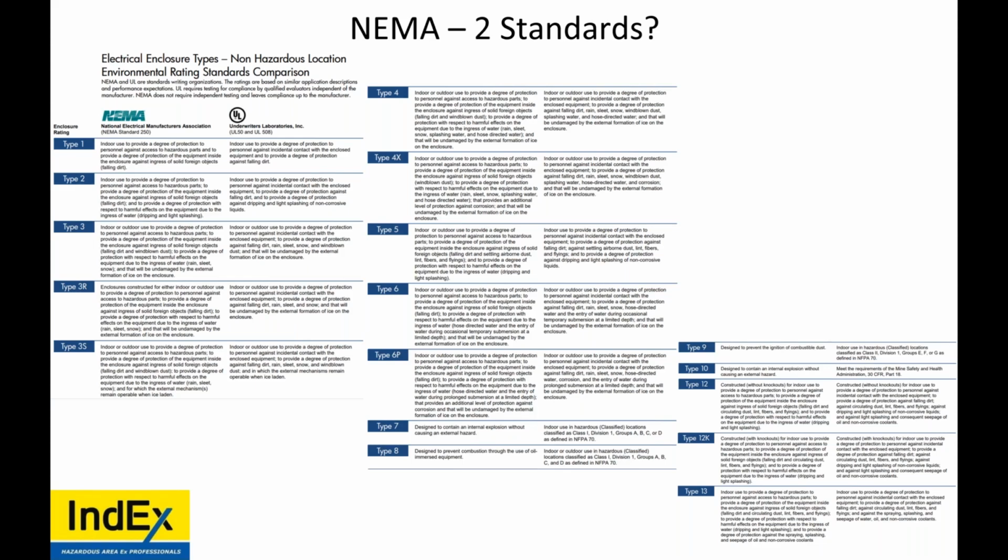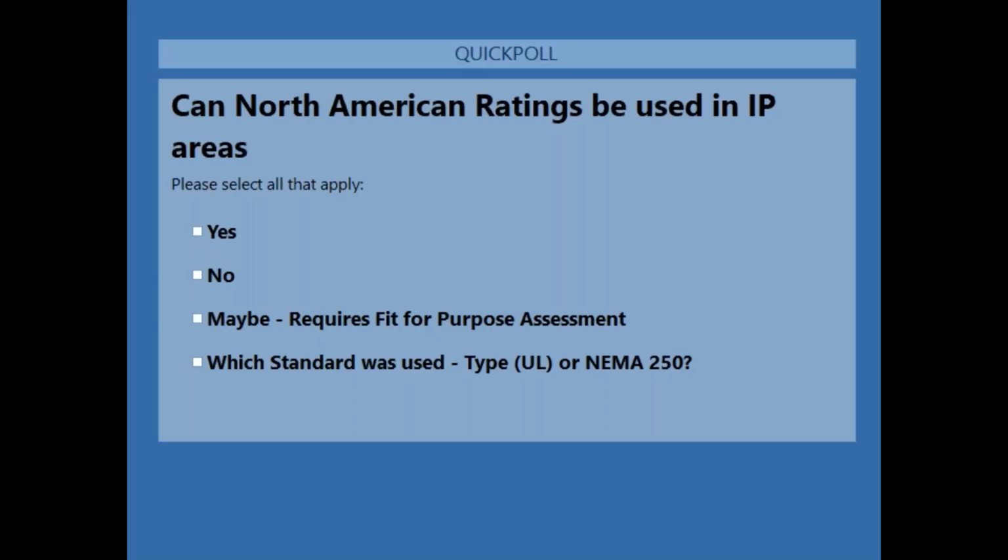Now, this one should be answered. I gave a few answers. Multiple choice. Can North American ratings, rated equipment, be used in IP areas?